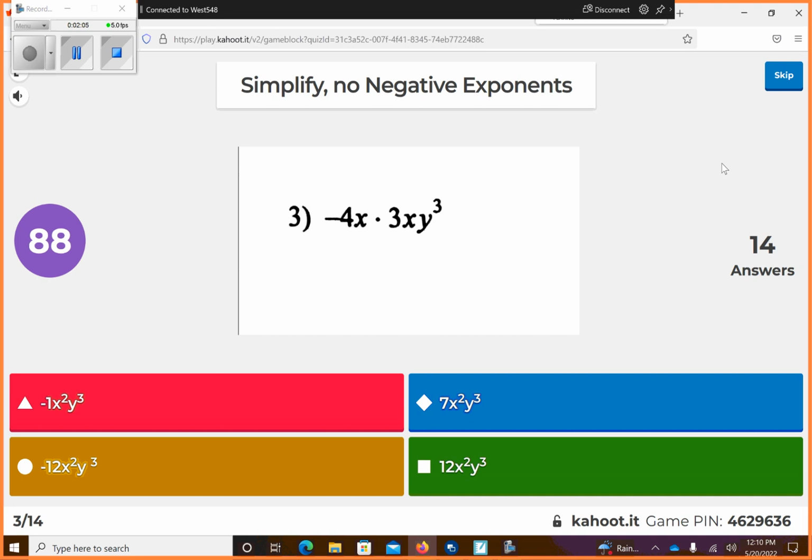So negative 4 times 3 is negative 12. X times x is x squared.